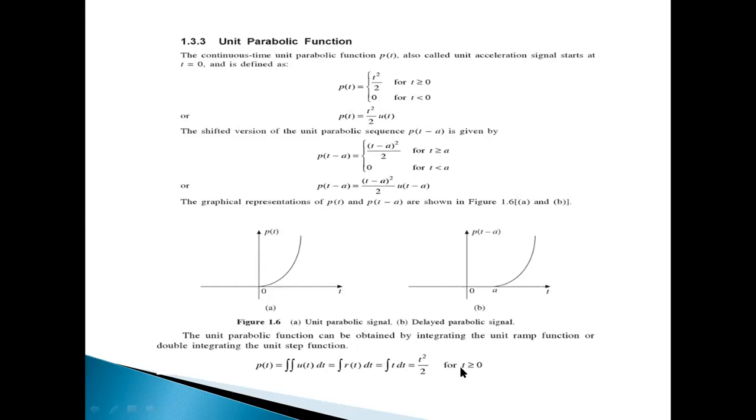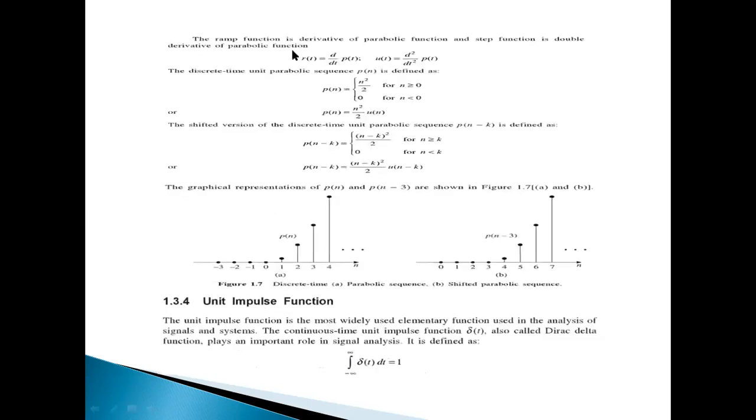And in terms of the derivative, R of t is the first derivative and mu of t is the second derivative of p of t. Second derivative means d square by dt square of x of t, the acceleration.